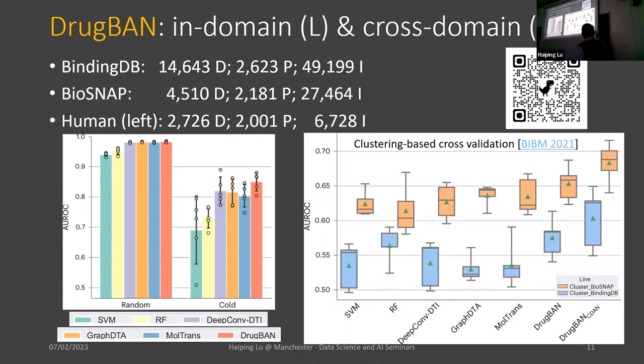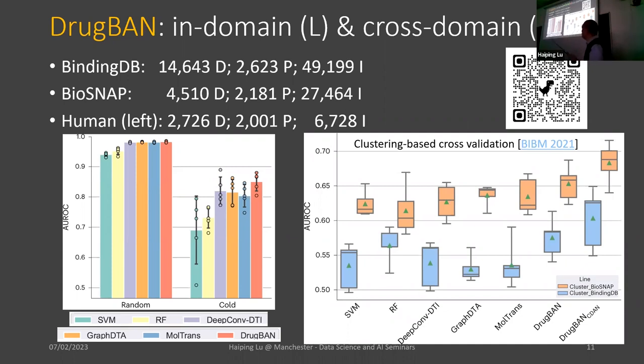What's most challenging is what we did: clustering-based splitting. When we have the data, we cluster them into different groups. Basically, each site is more like a cluster. So we cluster the drugs and targets so that different clusters are very different.